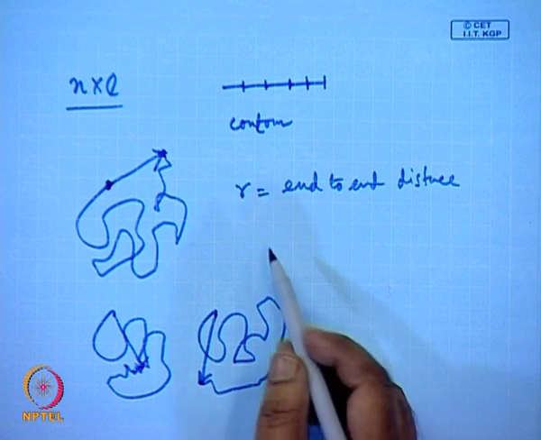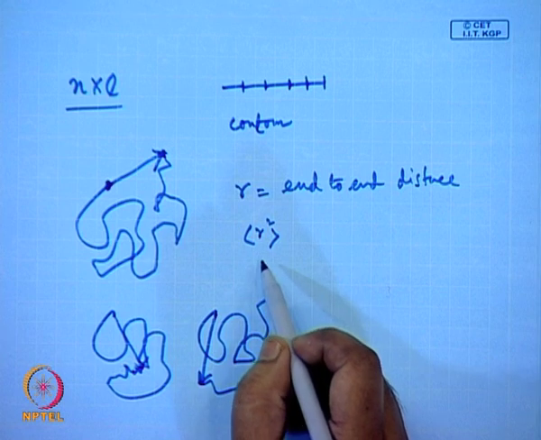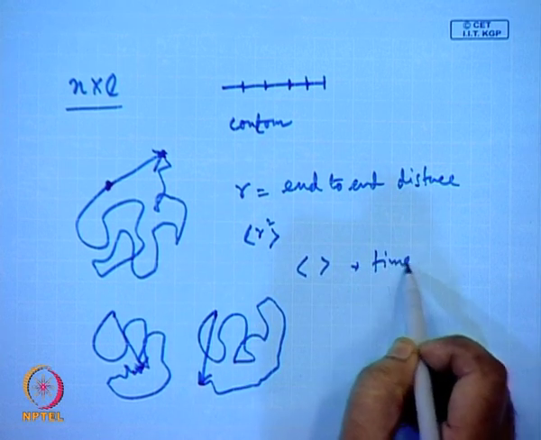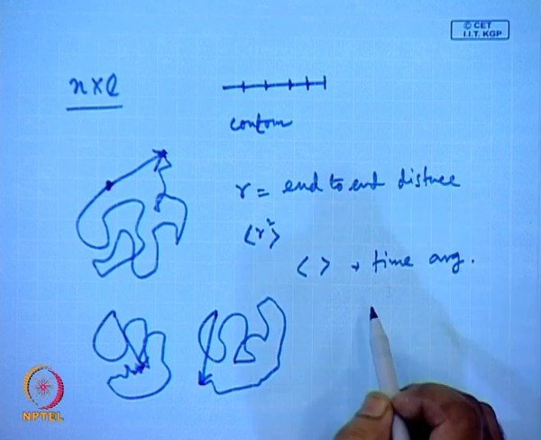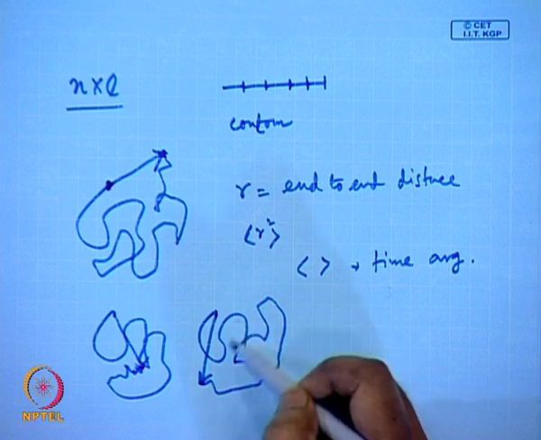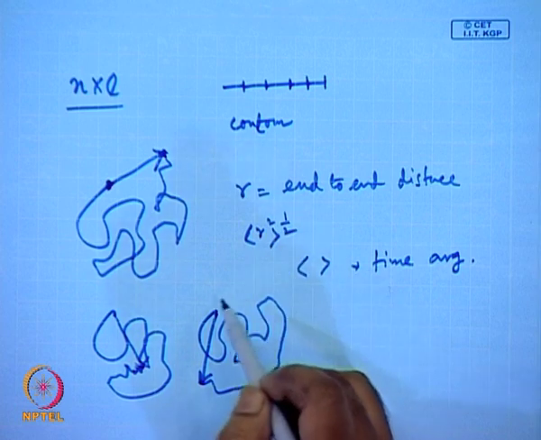So, what we do is statistically find the probability of finding one length, and then use this term, where this represents the time average. Okay. So, with time, what is the average? R square to the power half.